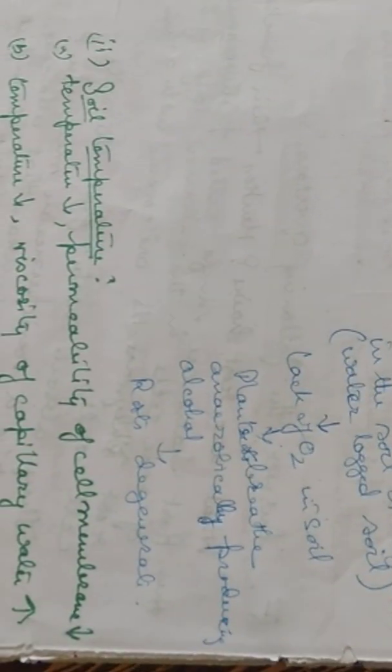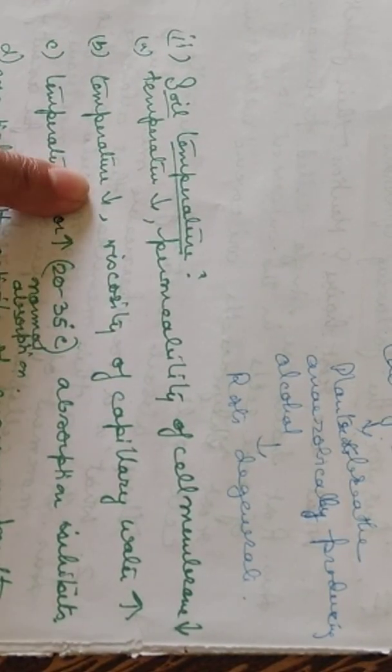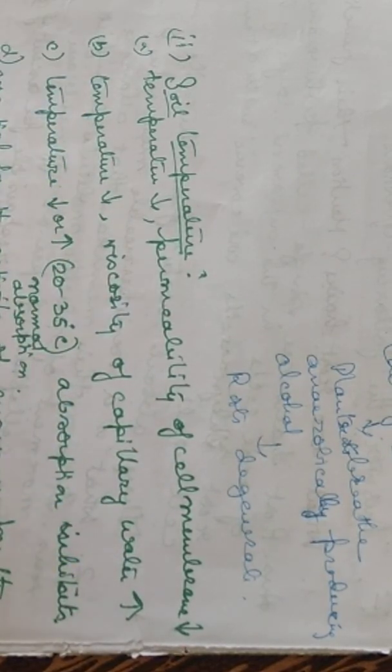Then soil temperature. If the temperature of the soil is less, permeability of the cell membrane reduces, and the viscosity of the capillary water increases. That is, capillary water becomes thick.